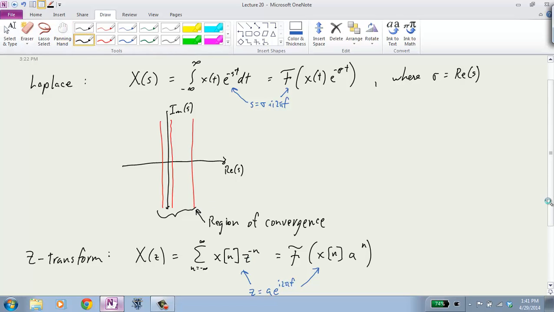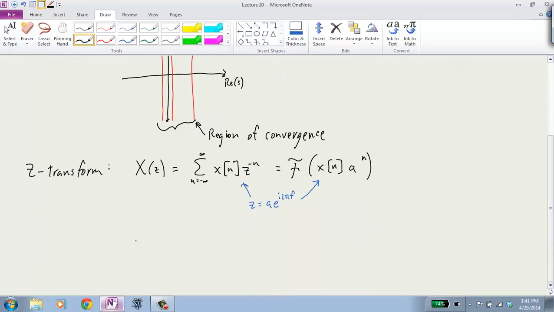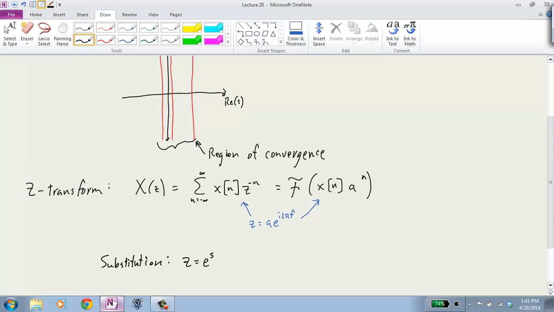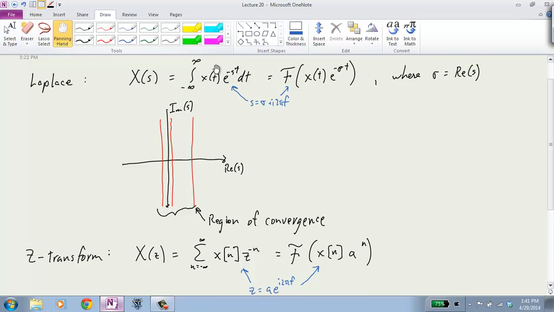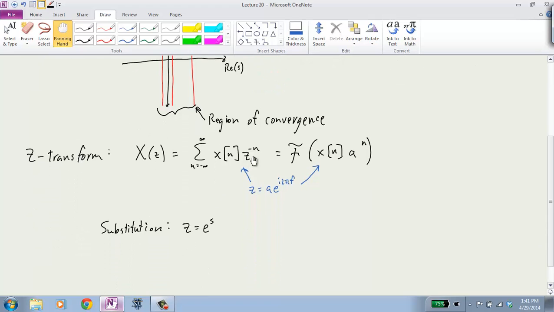And so you can think about a substitution that the z transform is just the same as the Laplace transform, but with the sum instead of integral, and it has made this substitution that is z equals e to the s. So if you wrote out what you would have thought would be the discrete time Laplace transform, just by changing the integral to a sum, then the only real difference is that you've substituted e to the s with z.